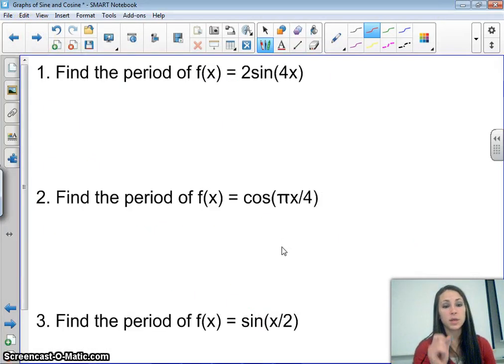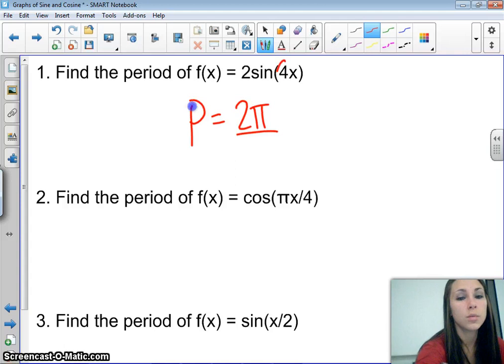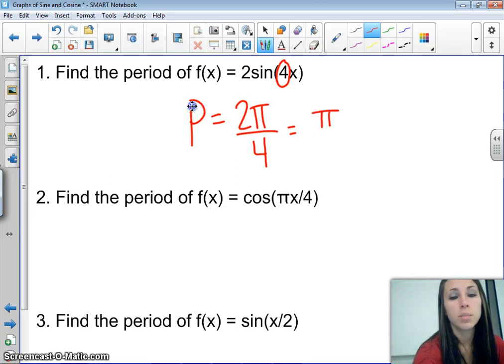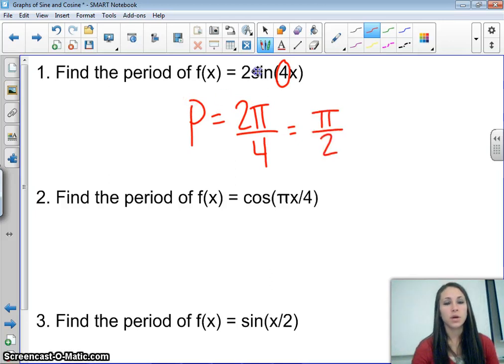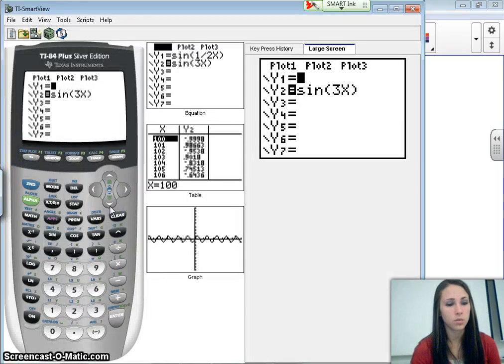And so I'm going to find the period of these three graphs. For these graphs, the formula is period equals 2 pi over the number in front of x, which is b, so I'm just going to put that over 4. The period is 2 pi over 4, which reduces to pi over 2. I'm going to type this in and show you how that affects the period on the calculator. So let's clear these out.